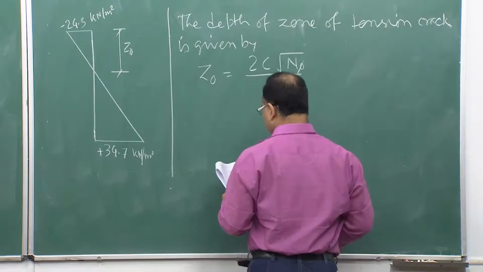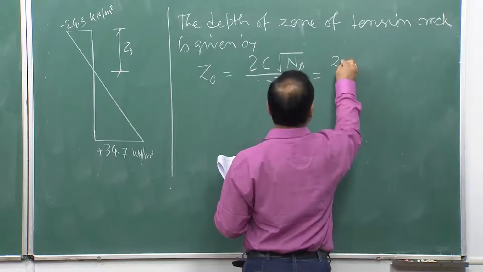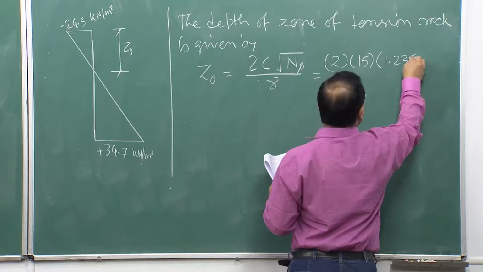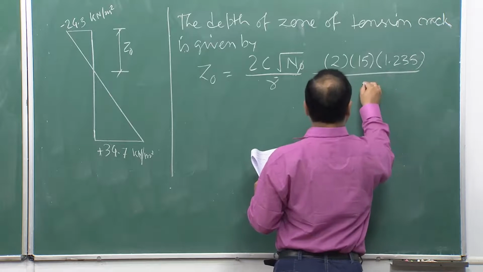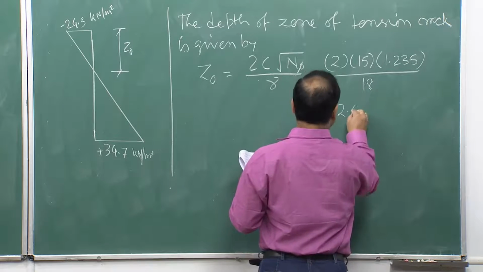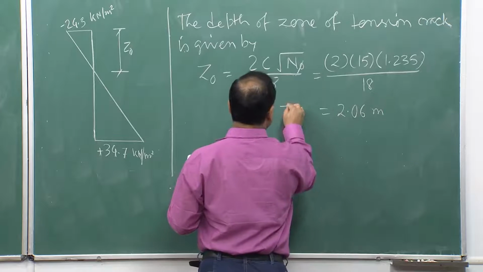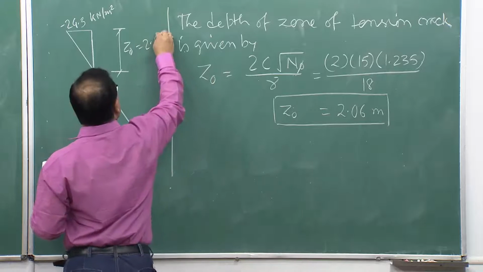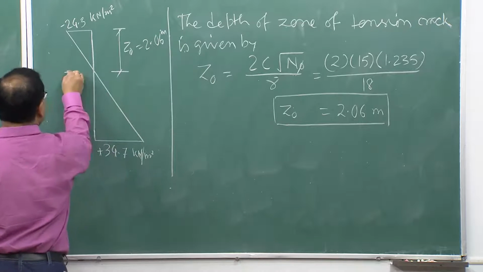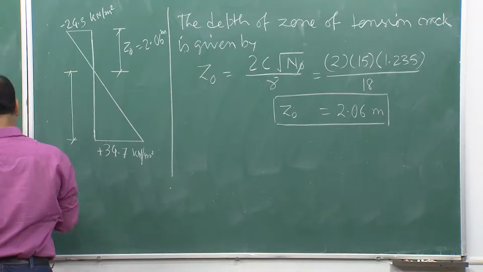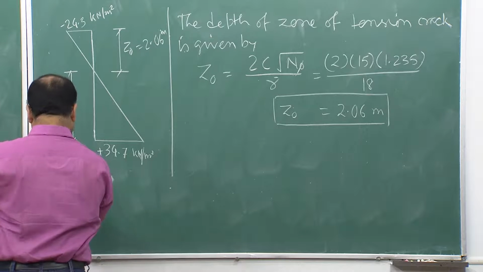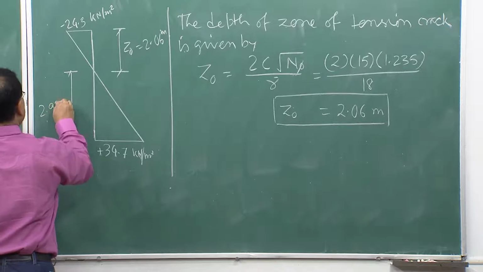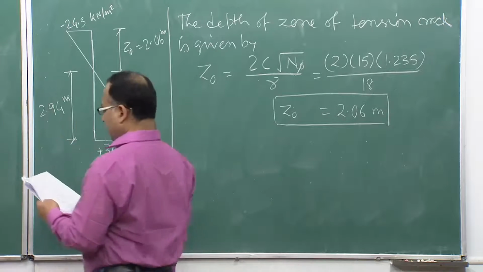If you put all the values, 2 into 15 into 1.235 by gamma 18, it comes as 2.06 meter. So this is your 2.06 meter, and the remaining part will be 2.94 meter.